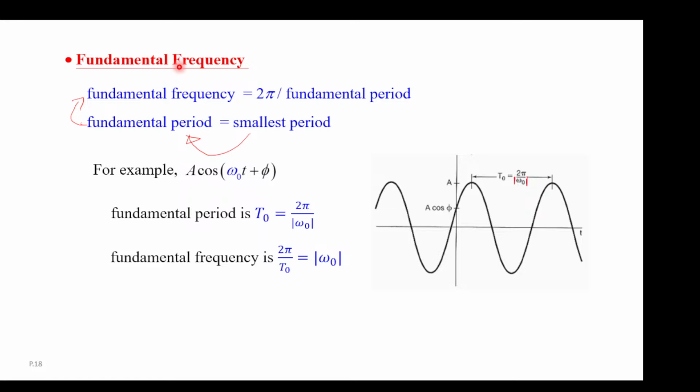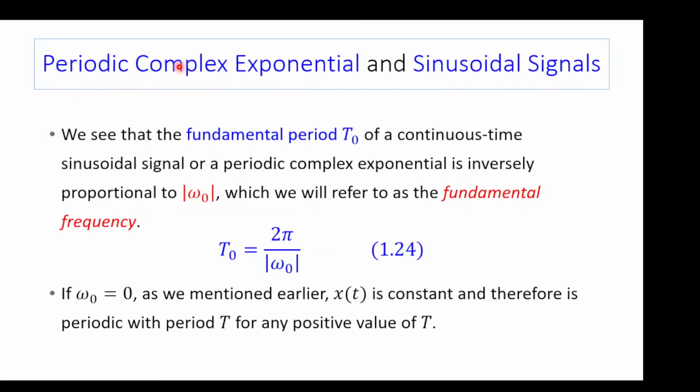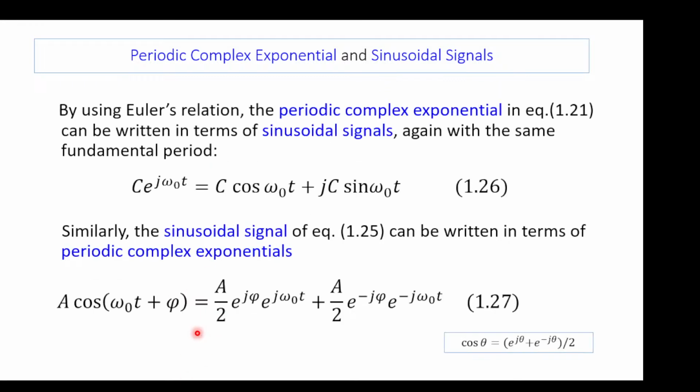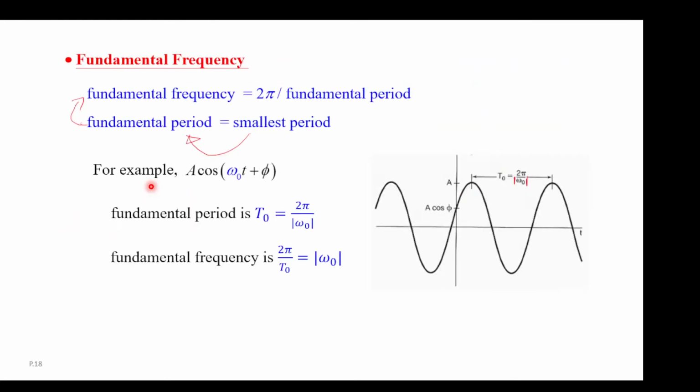Fundamental frequency is a nice concept because it appears everywhere in the equations when we write the complex exponential and the sinusoidal signal. For the complex exponential and the sinusoidal signal, this omega naught here, this omega naught here, and this omega naught here, with the absolute value sign, is the fundamental frequency.